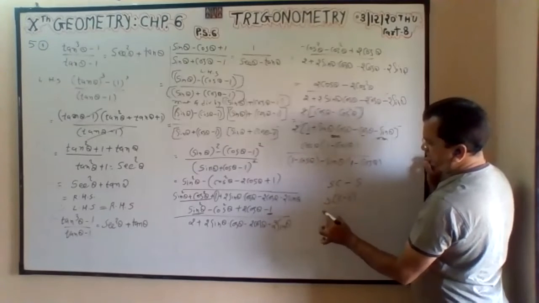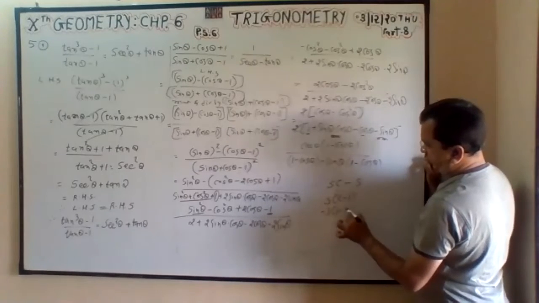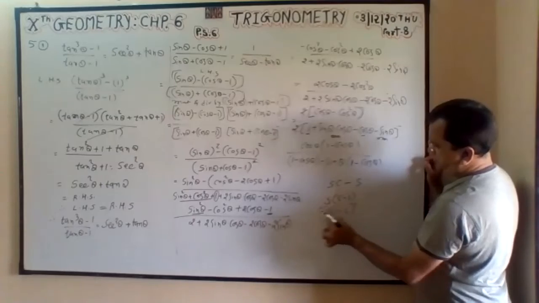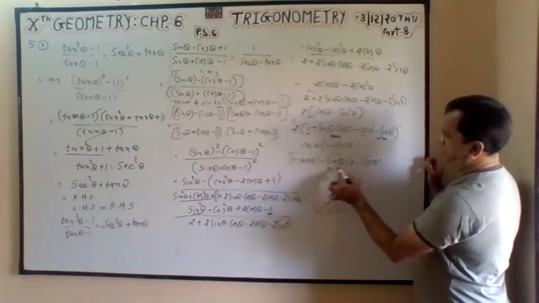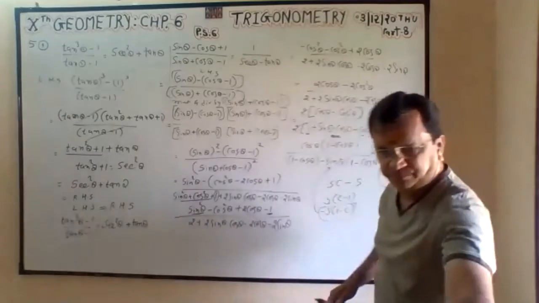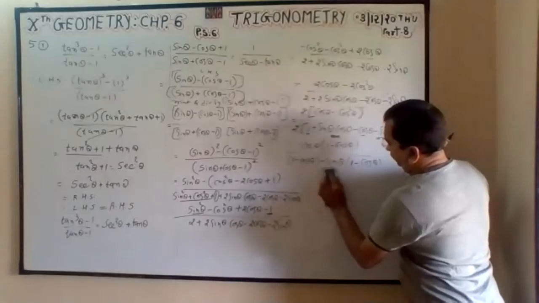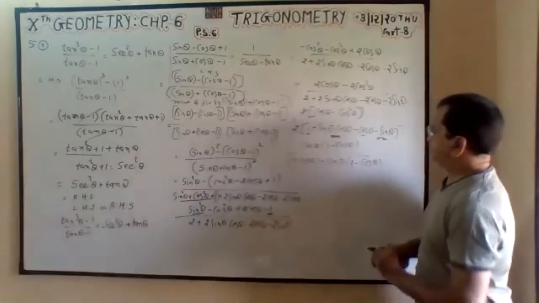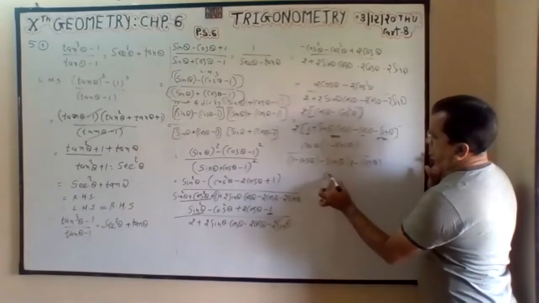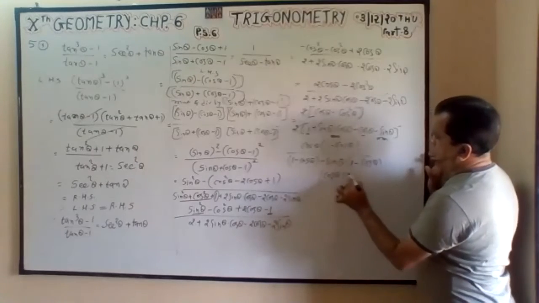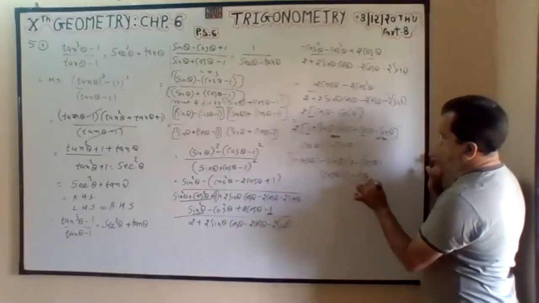But if I change the sign, this pair I can change. So this same I have written here: sin, 1 minus cos. Now again common of common. So cos theta, 1 minus cos theta.